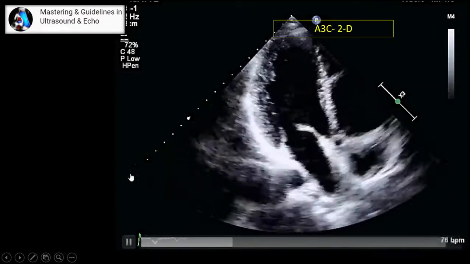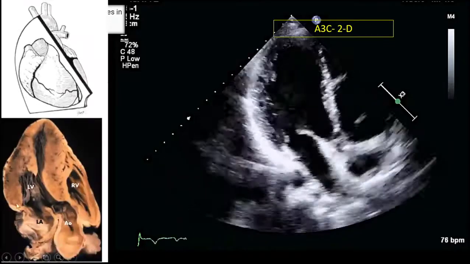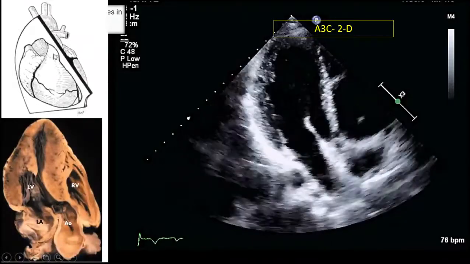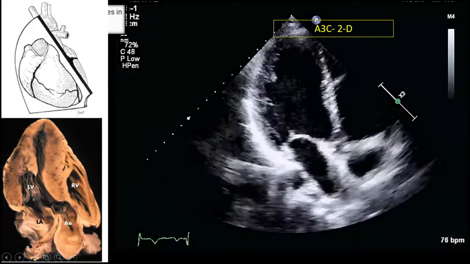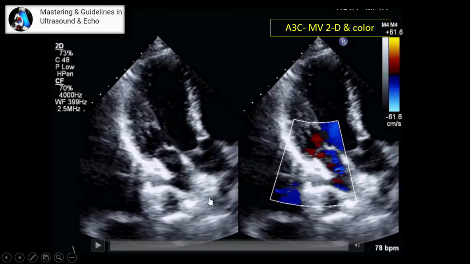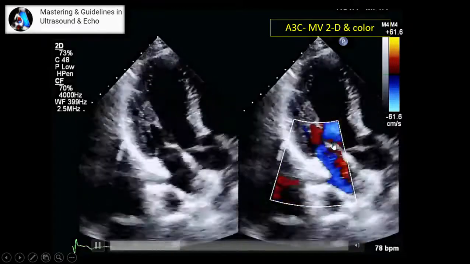Then we go for the color. Here is the cross section of the heart in apical 3, all those structures. Then after that we go for color one by one. First the mitral valve, and then we sweep again.